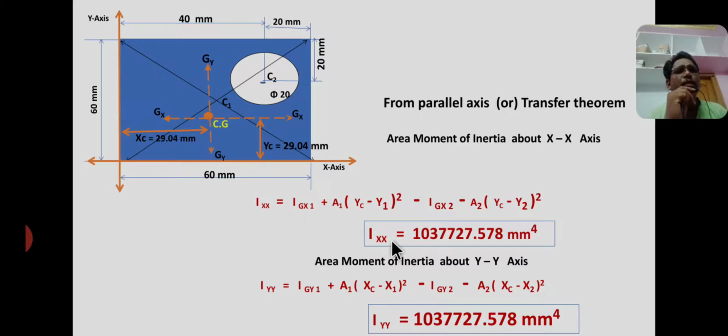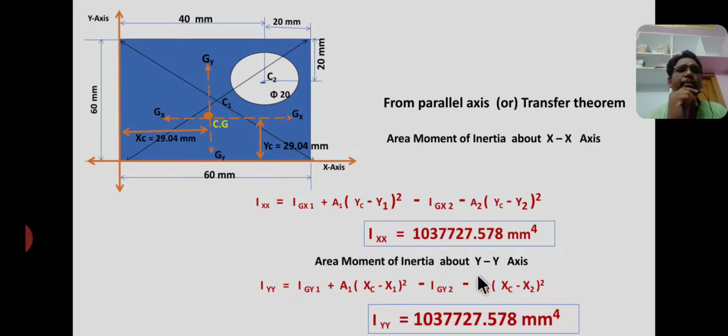And the answer is Ixx equal to 1037727.578 mm power 4. Here the unit for area moment of inertia is mm power 4, whereas the centroid has units of only mm.